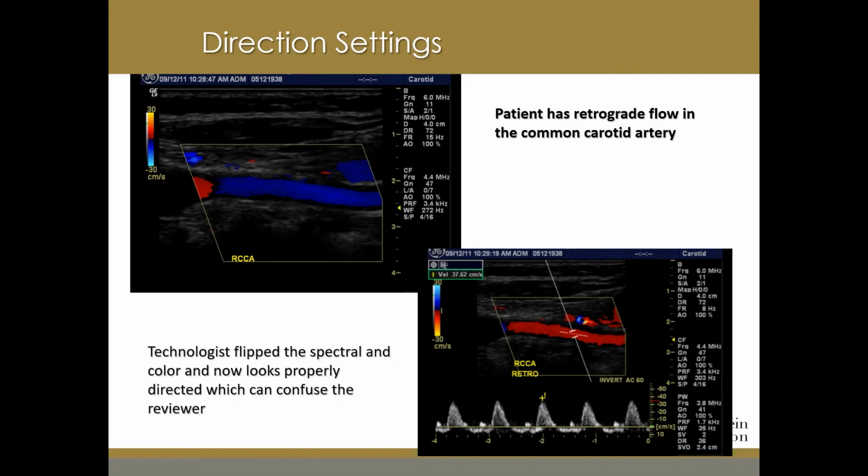So that's why it's critical with ultrasound to understand the direction of flow, understand the utilization of your color map, which is what you can see here, and what that helps to represent when you're looking at the waveforms and the color of your images.